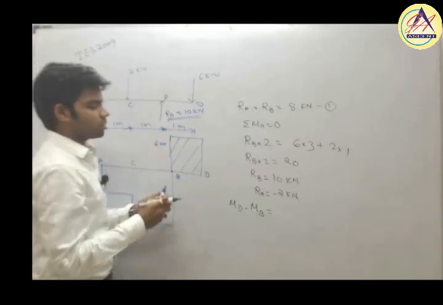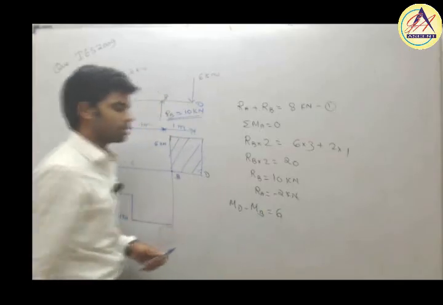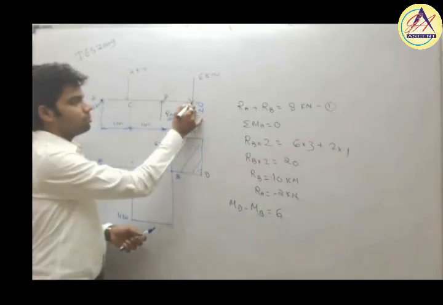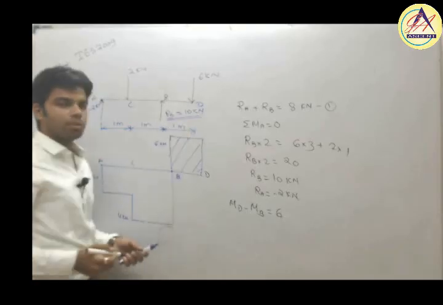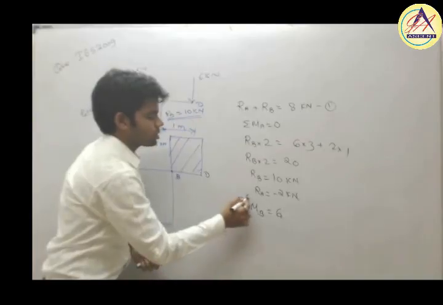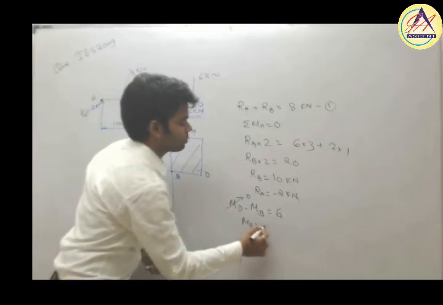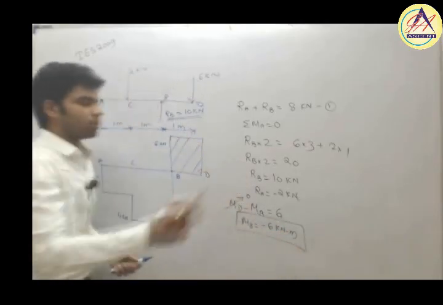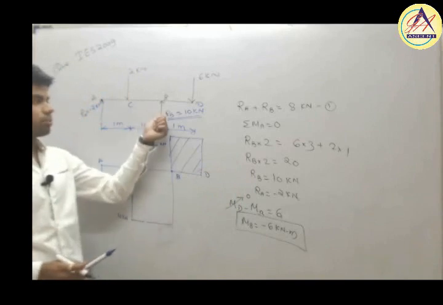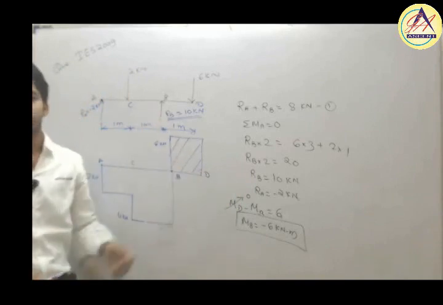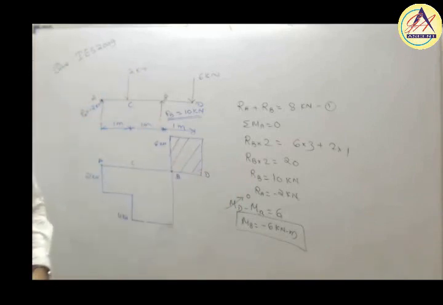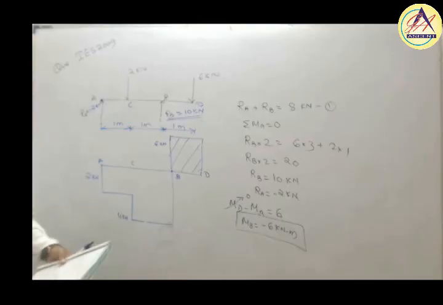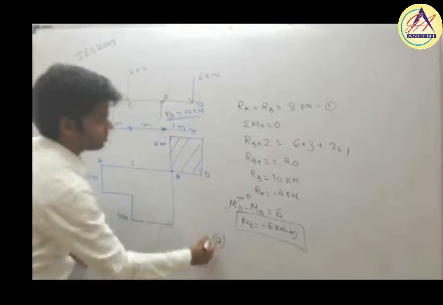This is nothing but 6 into 1, that is 6 kilonewton meter. We already know that the moment at point D will be 0. Therefore, MB will be equal to minus 6 kilonewton meter. Answer. So the maximum moment is occurring at point B and the magnitude of that maximum moment is 6 kilonewton meter. So according to the question, the answer is A, 6 kilonewton meter at the right support. That's it.